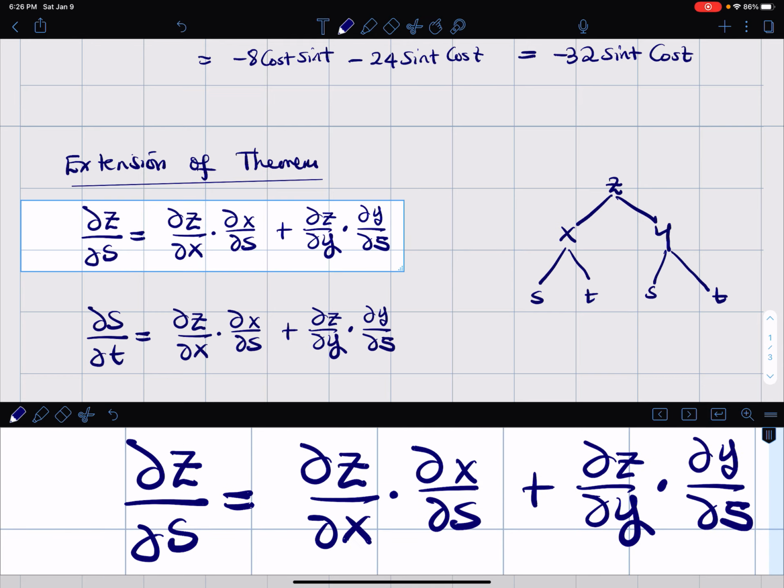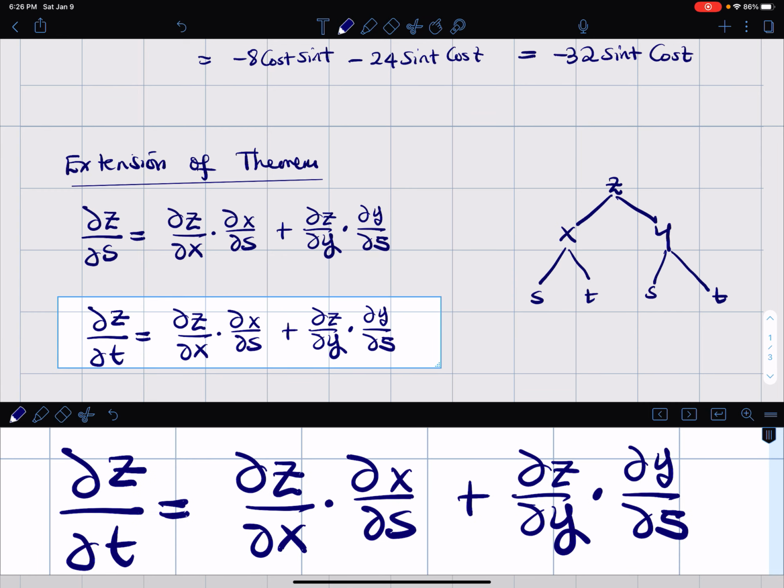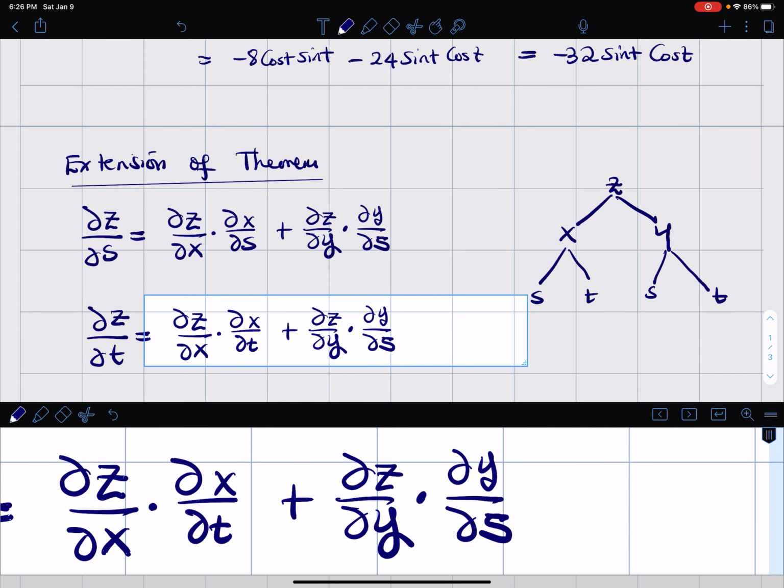Sorry about that, that's what I meant. Now I'm going to do the same thing for t, so this becomes dz dx times dx dt plus dz dy times dy dt.